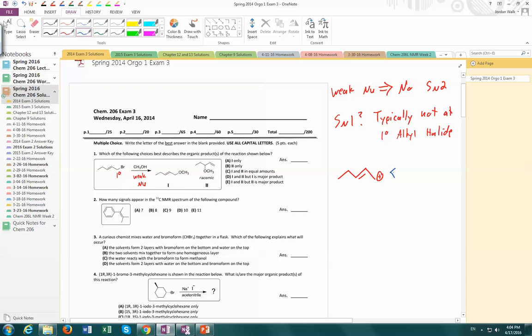This is a particularly stable carbocation because of resonance. And so what we end up with is a resonance stabilized carbocation like that. And so because it's a resonance stabilized carbocation, that does allow us to do an SN1. So it's resonance stabilized.